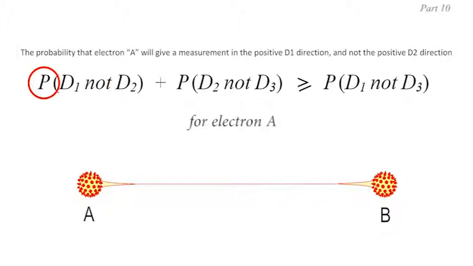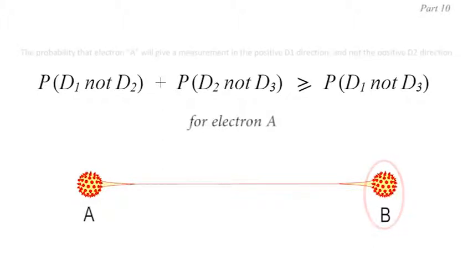But this, the probability that electron A will give a measurement in the positive d1 direction and not the positive d2 direction, seems to be more obscure. Well, I hope that in a moment it will become clear. That second bit of the statement, not in the positive d2 direction, will be reinterpreted later to focus on the B electron, and hopefully it will then seem reasonable. Anyway, we've got our Bell inequality in probability form for electron A.